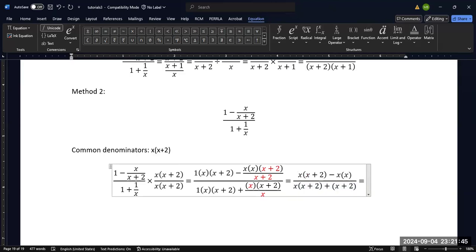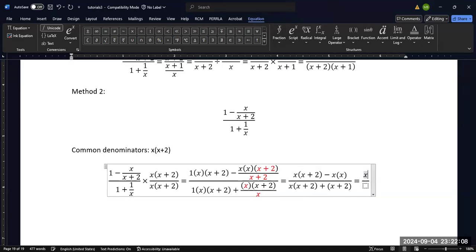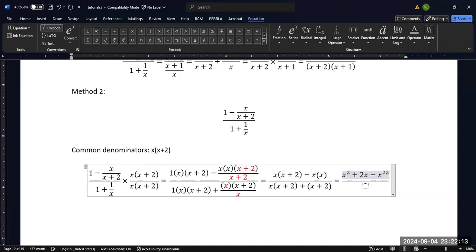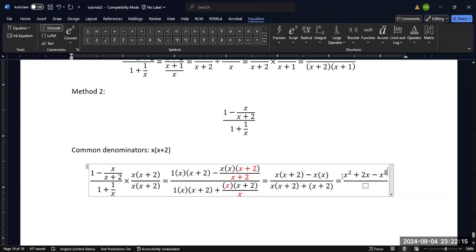Now, I have to do some distributing so that I can simplify. I could try factoring in place, taking out a common x, taking out a common x plus 2 in the denominator, but I don't have to do that. I can just brute force it instead of being elegant and fancy. So if I distribute, I get x squared plus 2x minus x squared. My x squareds are going to cancel in the numerator.